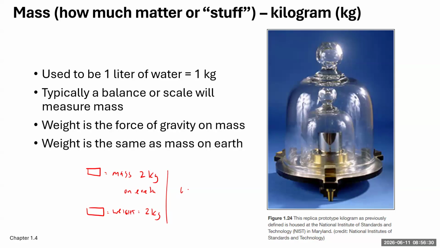On the moon, does that brick have the same amount of atoms in it? It does. But is it going to weigh less? Yep, less than 2 kilograms, right? So mass is just how much matter or stuff there is in that object. And on Earth, mass and weight are the same. And we're going to use a balance to measure that.